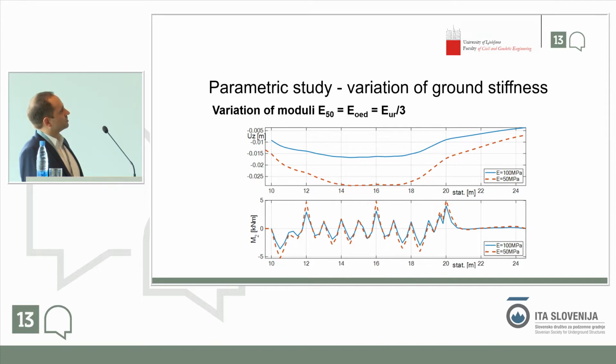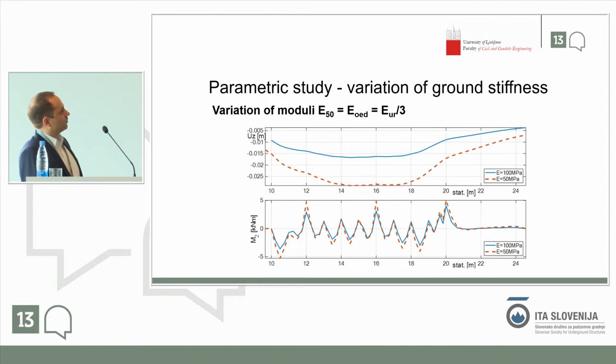And you can see the vertical displacements here; in this case, this area is still underground, and here, of course, the deflections or settlements are considerably lower, and on the other hand, the bending moments in this area, which is still embedded, are almost zero.